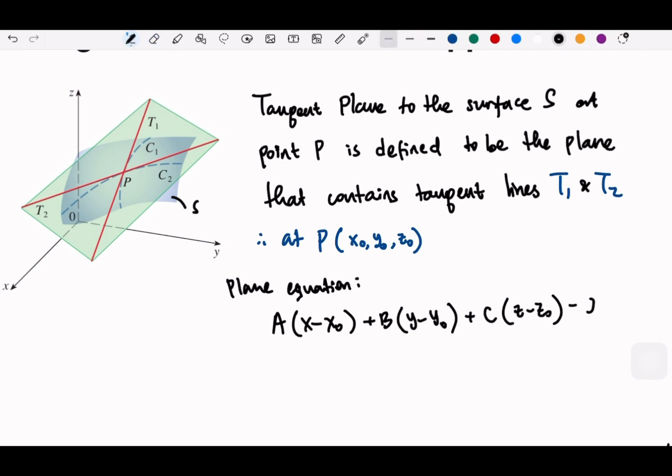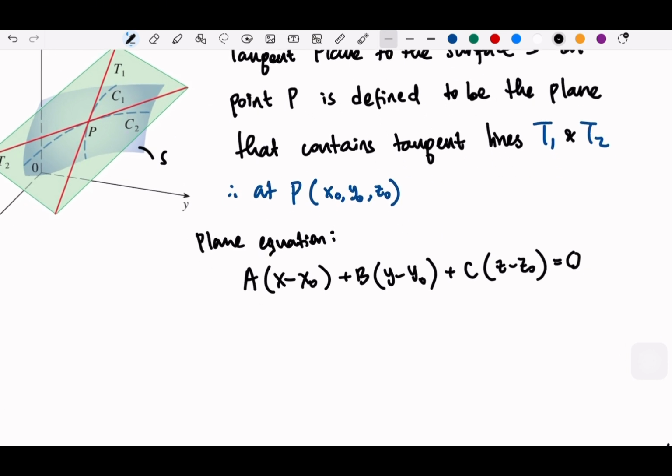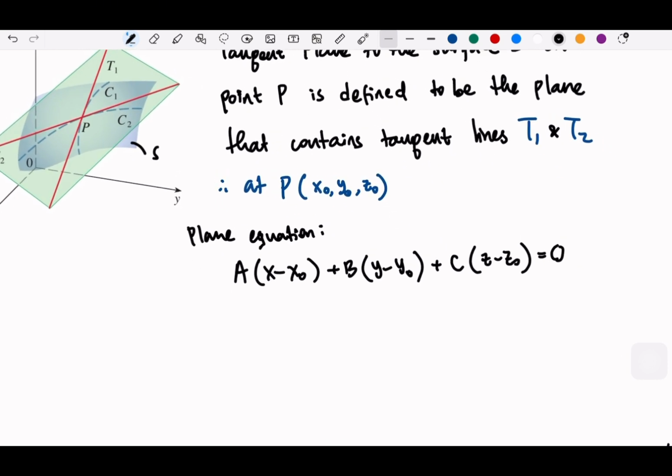Okay. Now we would like to make this simpler, so let's just divide by c. So the whole equation will be multiplied by 1 over c, so that this will be a over c.